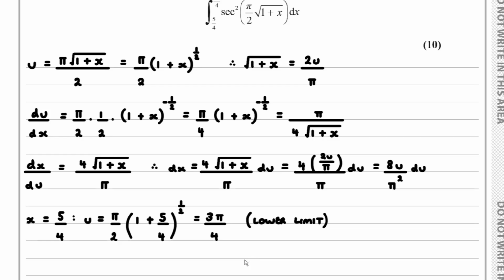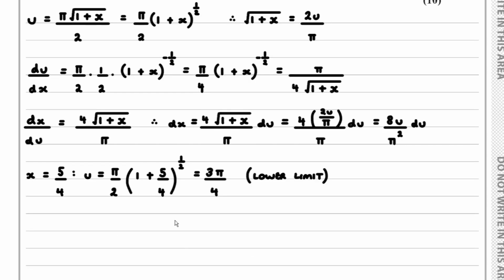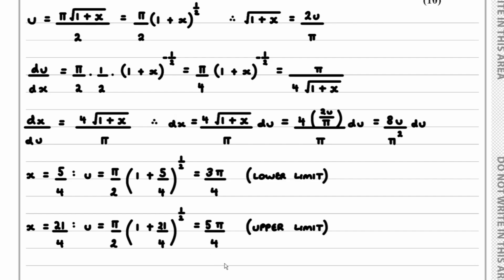This is the lower limit. And for the upper limit, that's when x is equal to 21 over 4. The corresponding u value will equal pi over 2 times (1 plus 21 over 4) to the 1/2, which simplifies to 5 pi over 4. This is our upper limit.